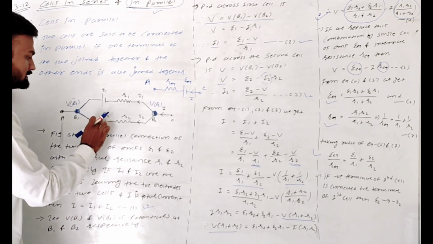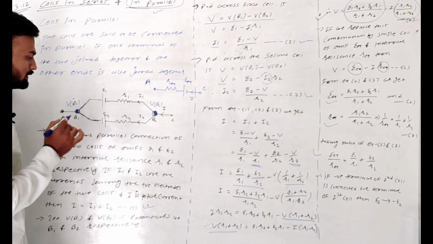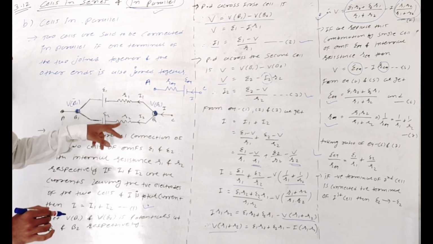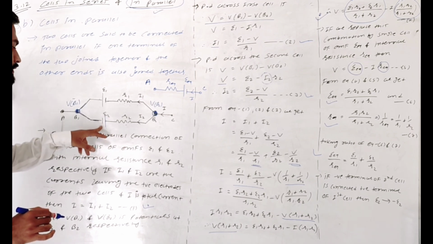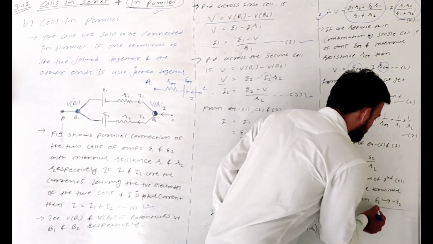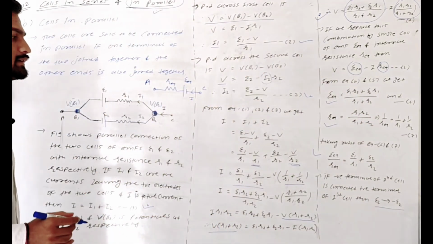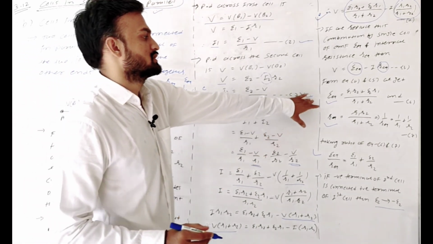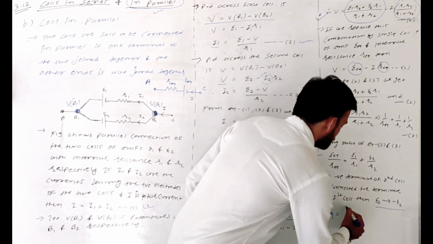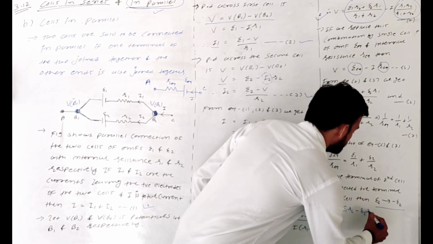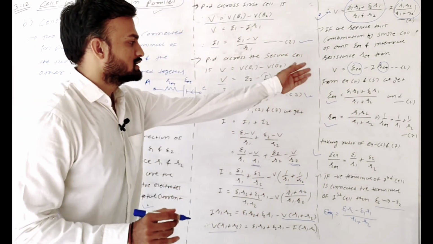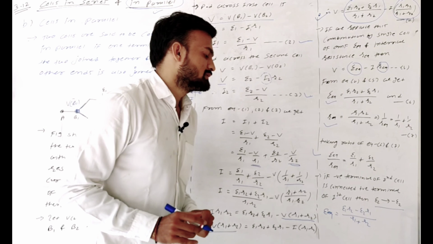You can see that current now flows through this cell from the positive terminal to the negative terminal. So E2 is replaced by minus E2 in this equation. Now E equivalent becomes E1 R2 minus E2 R1 upon R1 plus R2, but the equation of R equivalent remains as it is.